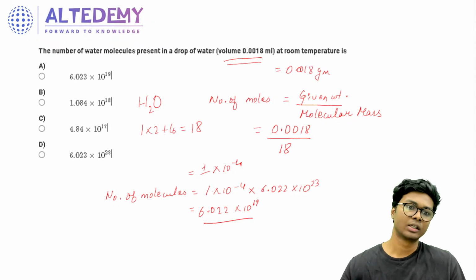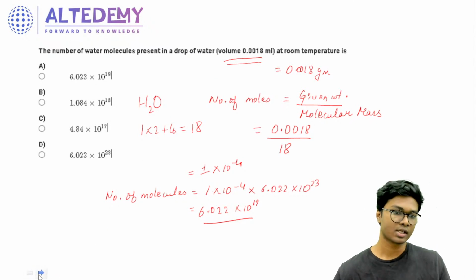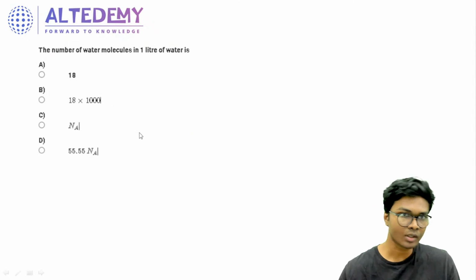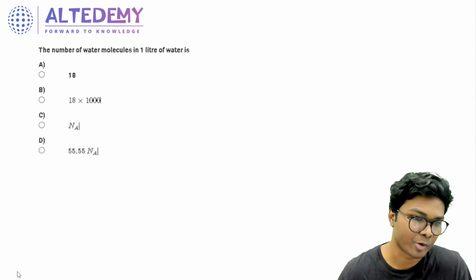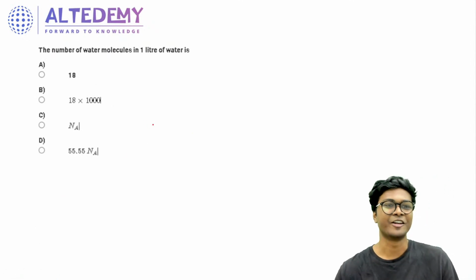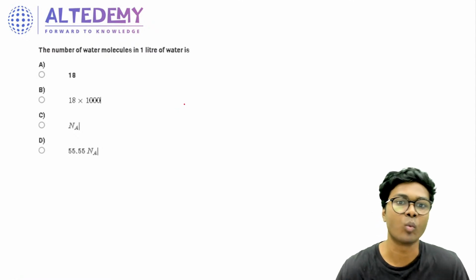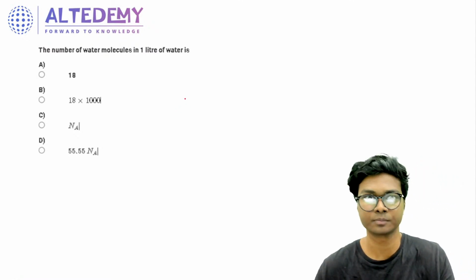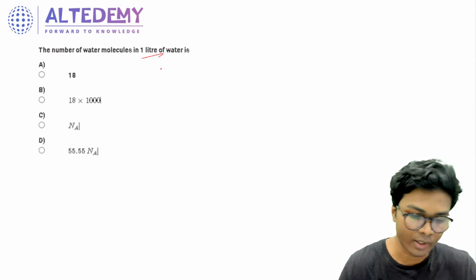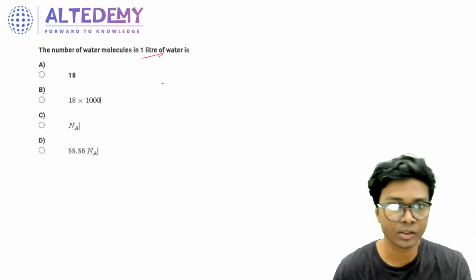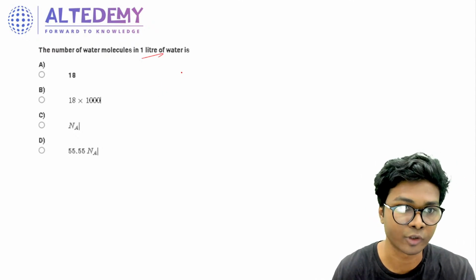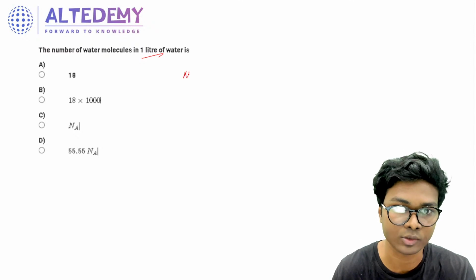Got it? Let's solve another question. This was a question. The next question, it's same about water. The number of water molecules in 1 liter of water. So the given is 1 liter. To find the number of molecules, first of all, we'll have to find the number of moles.